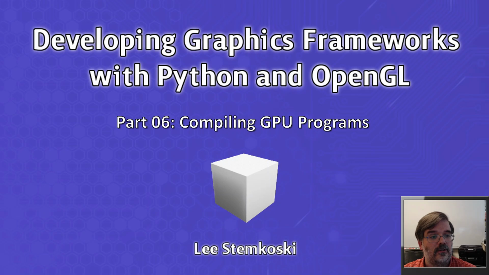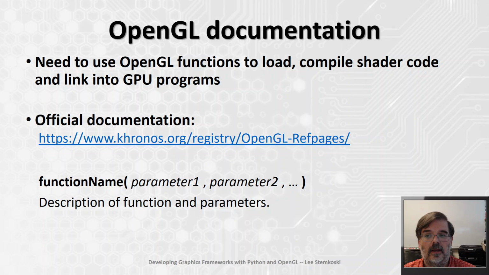But before we start doing that, we'll need to learn about some of the official API-defined functions for OpenGL. We need to use these functions to load and compile the shader code and link those two shaders to create a fully functioning GPU program.